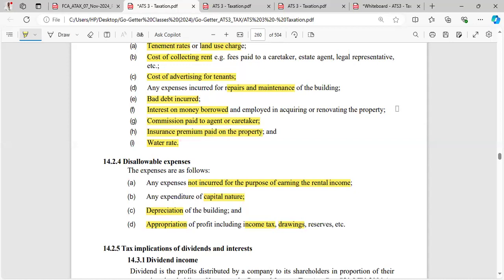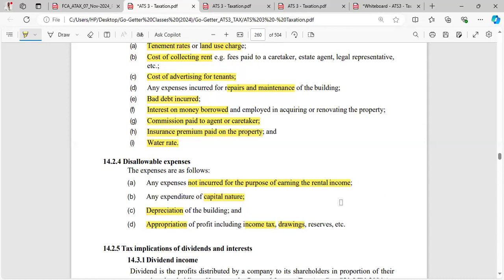Let's say, for example, he used the money to pay his son's school fees. That is a personal thing. Or there is no food in the house, he now takes money from there to go and buy food. That's drawings. So anything that is spent should be for the business. If it is not business related and it is from profit, it's drawings.